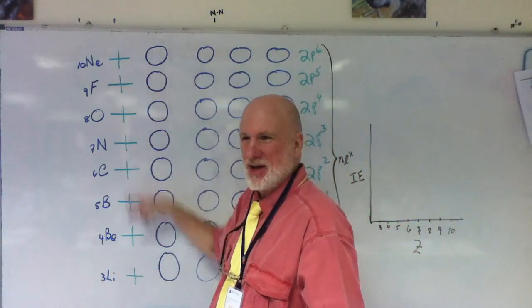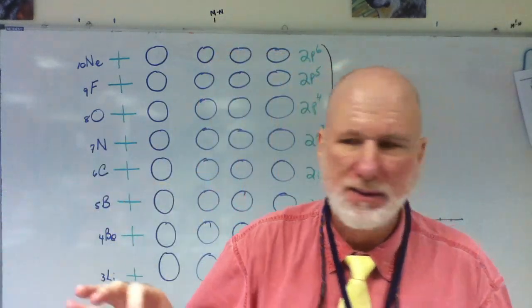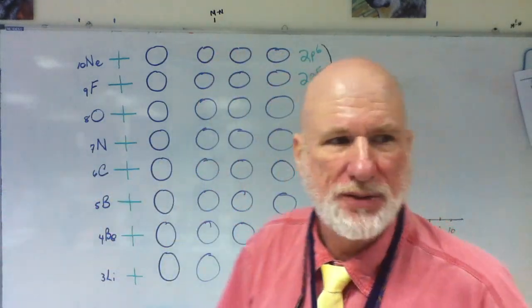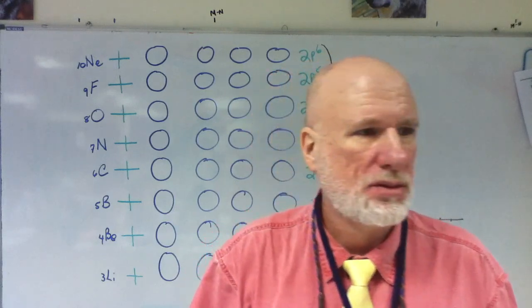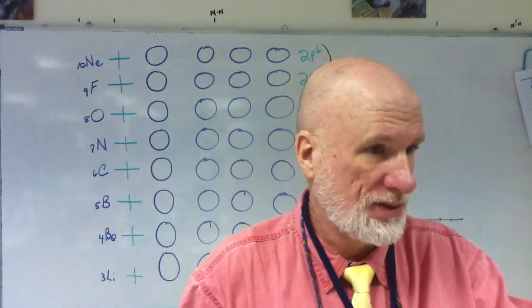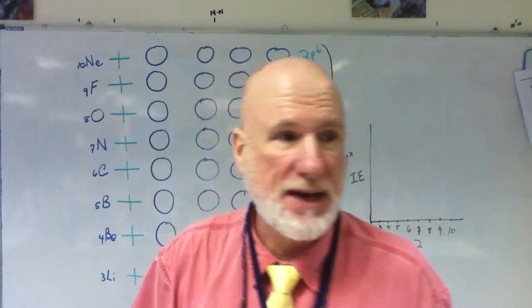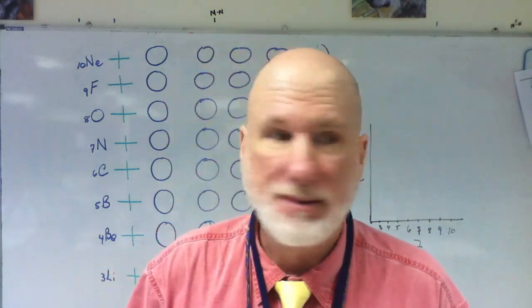Okay, so this is going to be second period, the second period. The horizontal rows are called periods, okay? The vertical columns are called groups. Very good, groups. And these groups have names. They're also called families, the halogen family, yes?